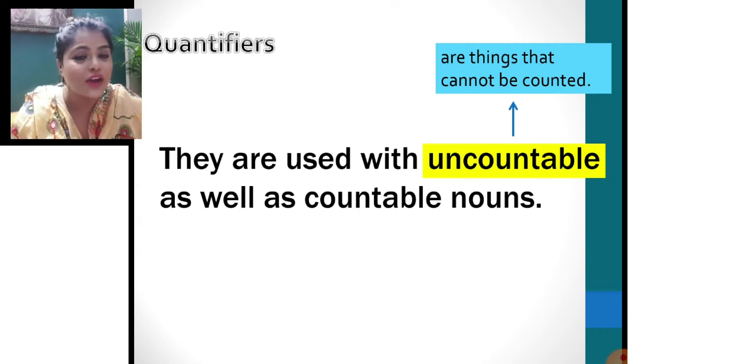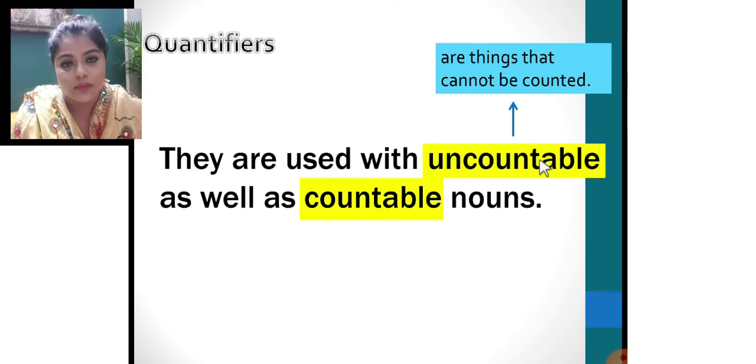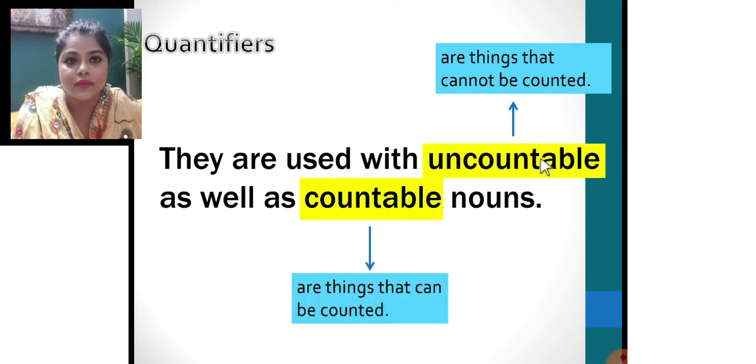So uncountable are the things that cannot be counted. Now you have to tell me, what is countable? Yes, countables are things that can be counted. For example, books, apples, bottle. These are the things which we can count. That is countable. Okay.